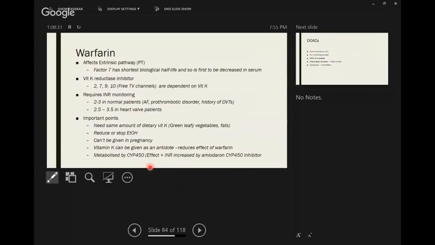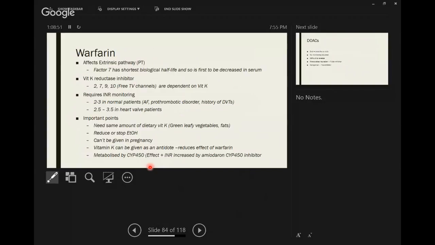Warfarin affects the extrinsic pathway, which is factor 7, and then it goes into factor 10, which is the common pathway. Factor 7 has the shortest biological half-life, so it's the first to be decreased in the serum. What that means is the PT time, and therefore your INR, is very factor 7 dependent.